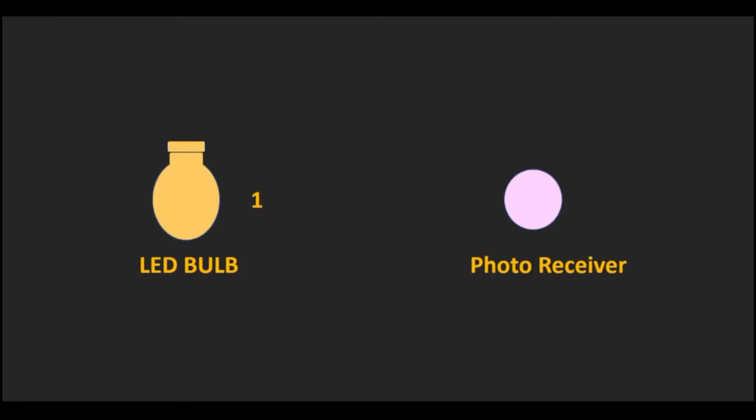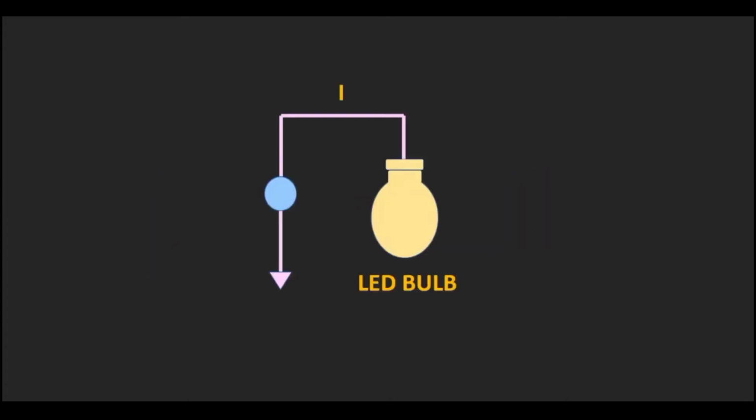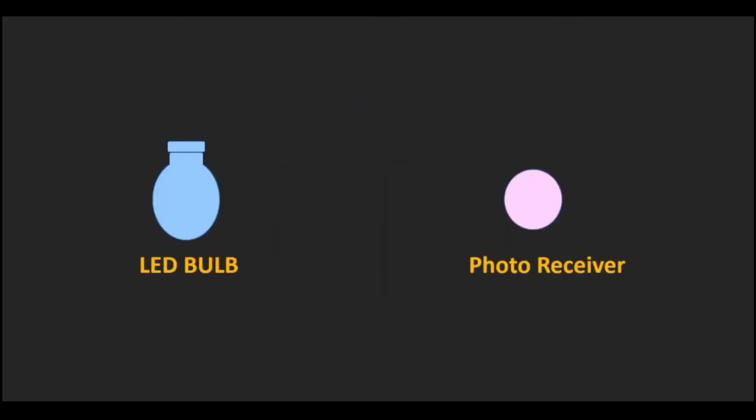In this way, by flickering the LED light source very rapidly, we can transmit the data in the form of 1s and 0s to the receiver. This flickering happens millions of times per second, so we cannot see it with our naked eyes, and we can treat this LED source as a normal regular bulb.